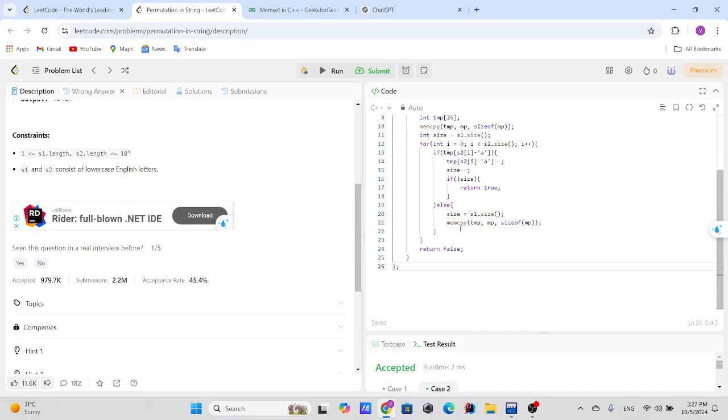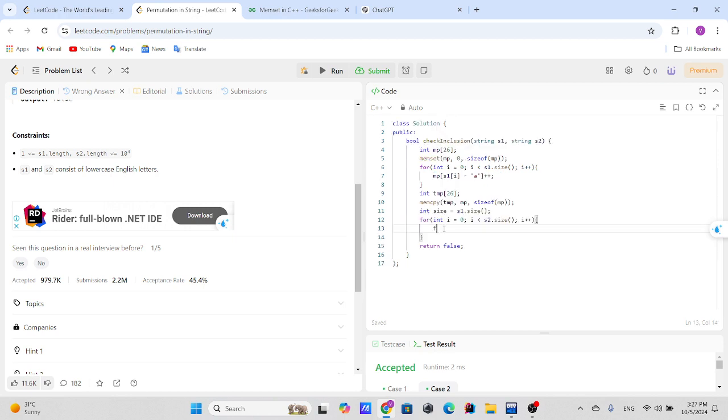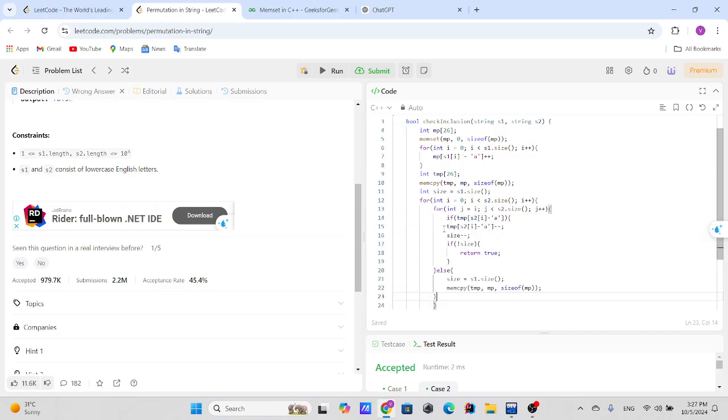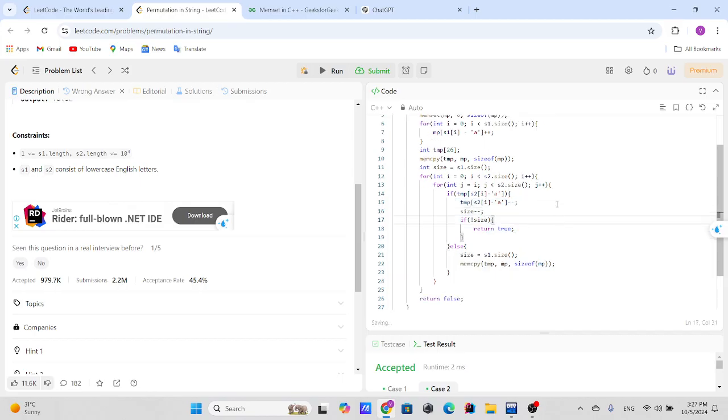Okay, that's not really a good idea, but let's try. The complexity will be super messed up, but at least we will get an AC, right? Let's see. I know the complexity will be super shit, but let's try it.